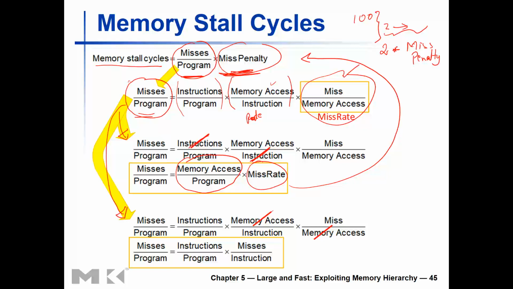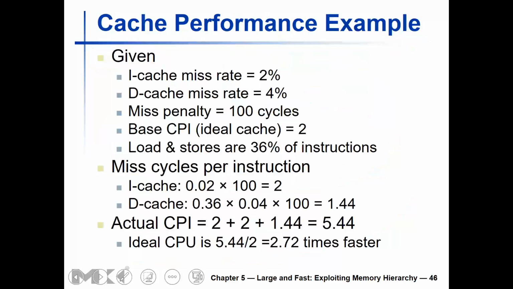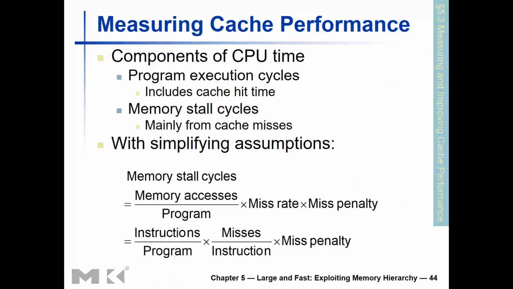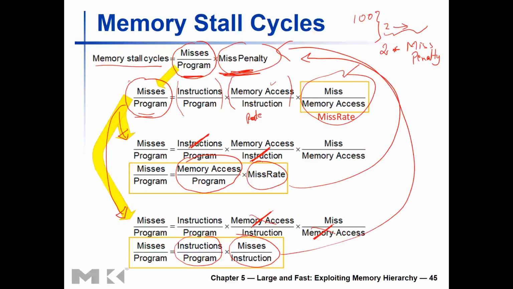I can cancel memory accesses, and then I get instructions per program times misses per instruction times the miss penalty to get the memory stall cycles. So if we go to the earlier slide, these two equations differ in these two terms, but this slide shows you where these two terms are coming from. This is the master equation right here.